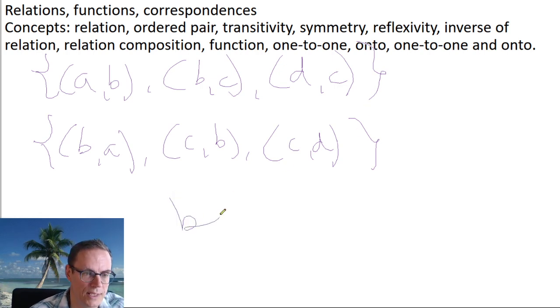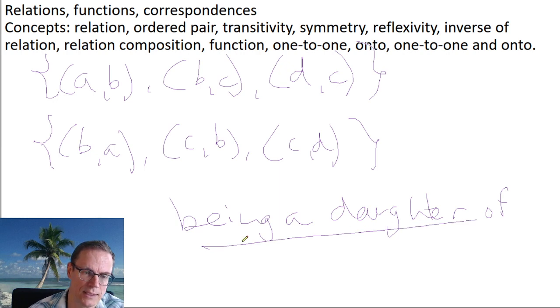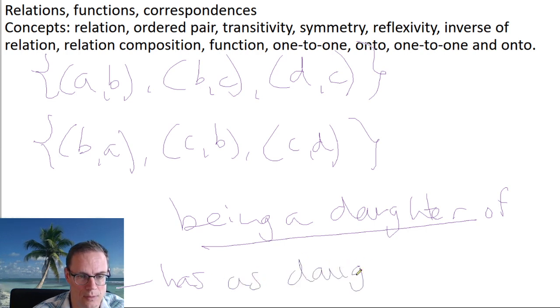So what would be the inverse of being a daughter of in English? Well, it's having as a daughter. Blank has as daughter blank. It's not beautiful English, but that's what the inverse means.